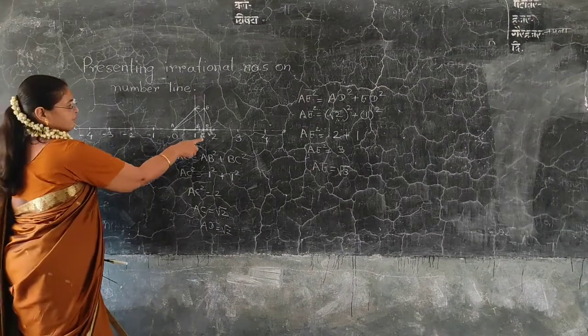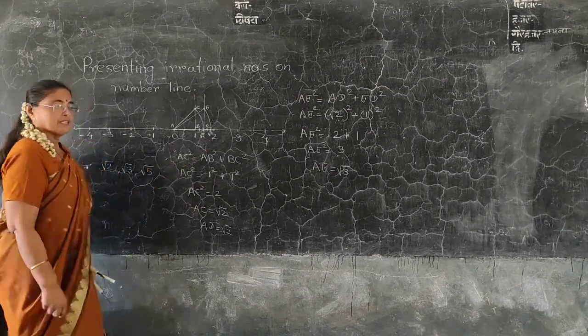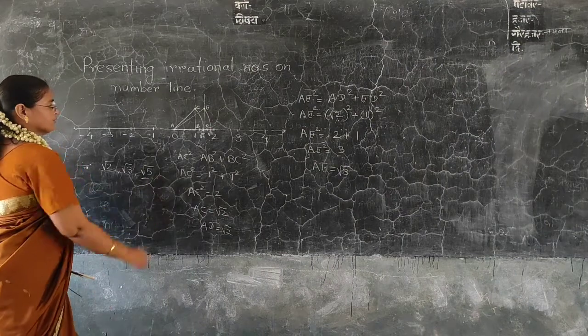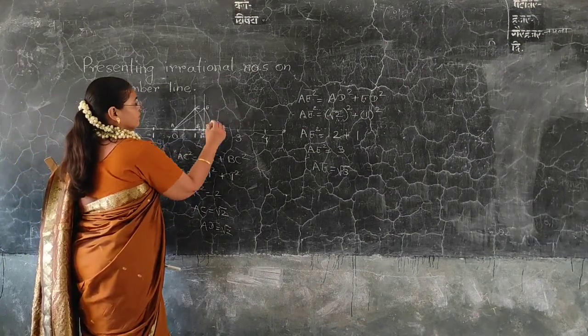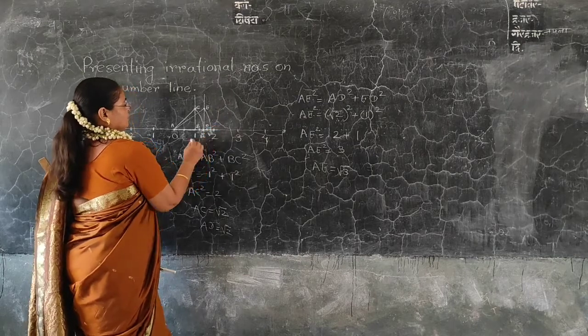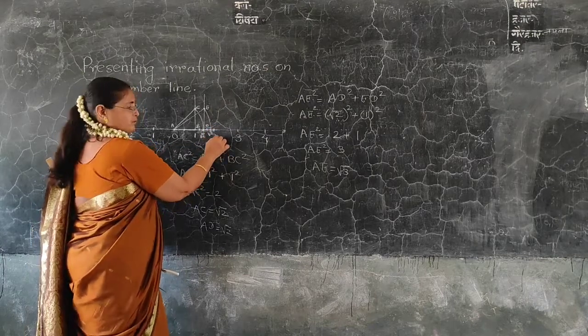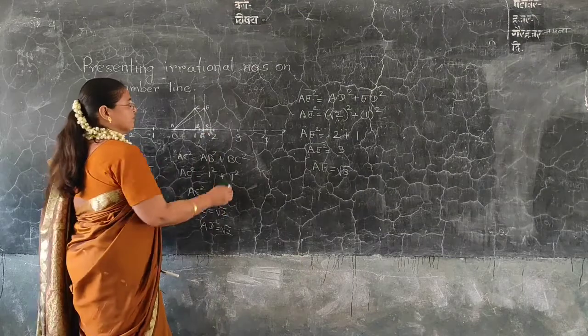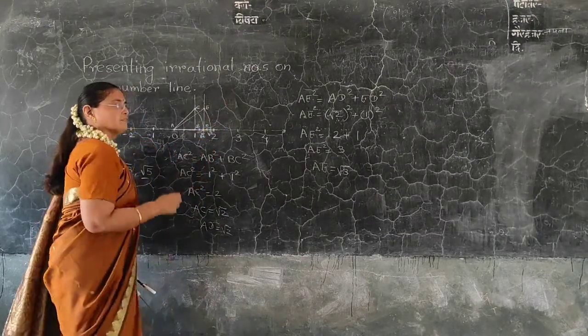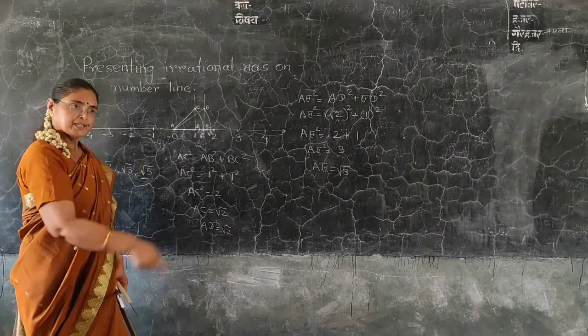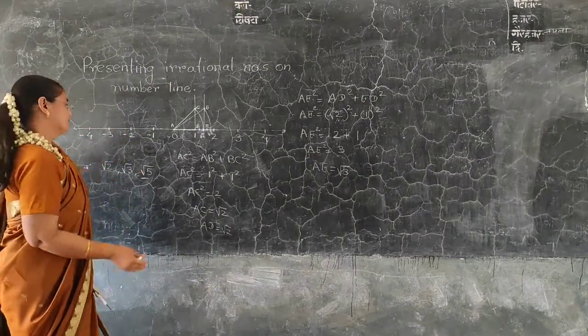We have placed root 2, root 3. Again, if we want to place root 5, then you can take 1 centimeter on 2. So this distance is 2. Square of 2 is 4. If we take 1 unit here, then 4 plus 1 is 5, and taking R, you will get root 5.